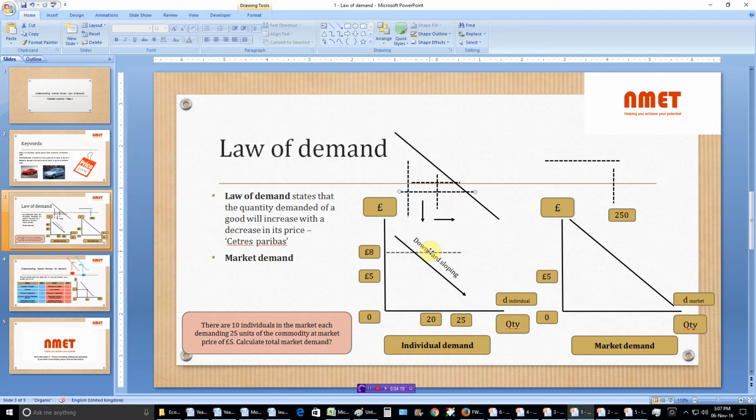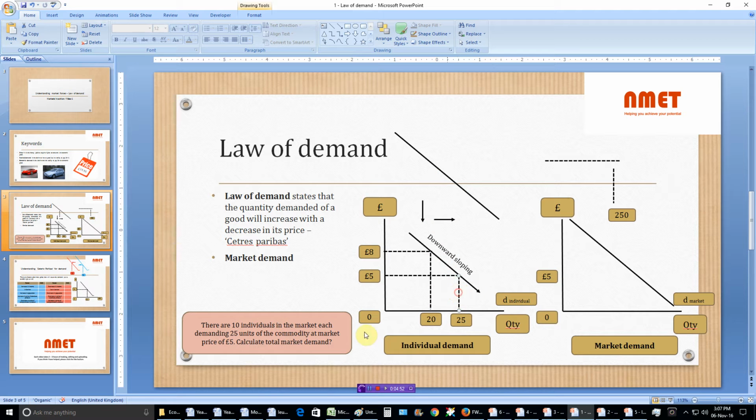As the price is falling, the demand for that particular good will increase. In this case, let's say the price was £8, and at that £8, the individual demand for that good was 20 units.